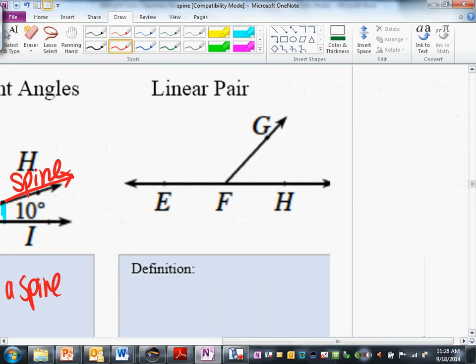Ready? Put your hands together again. Ready? Throw your elbows out to make a straight line. Repeat after me. Say, share a spine. Make a line. Again, share a spine. Make a line. That, my friends, is a linear pair. So automatically they're adjacent because they share a spine.